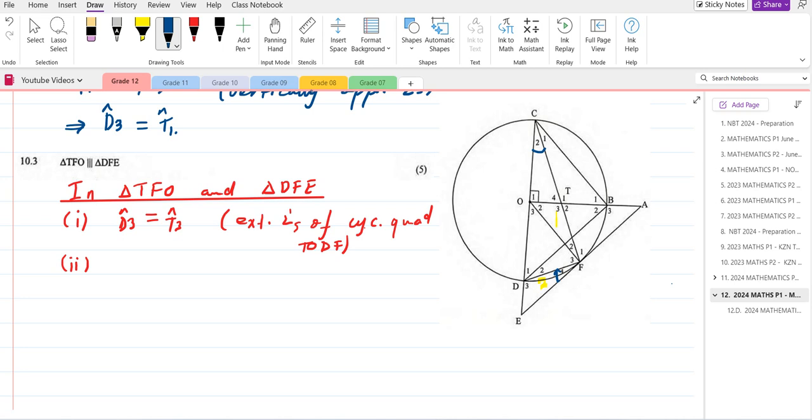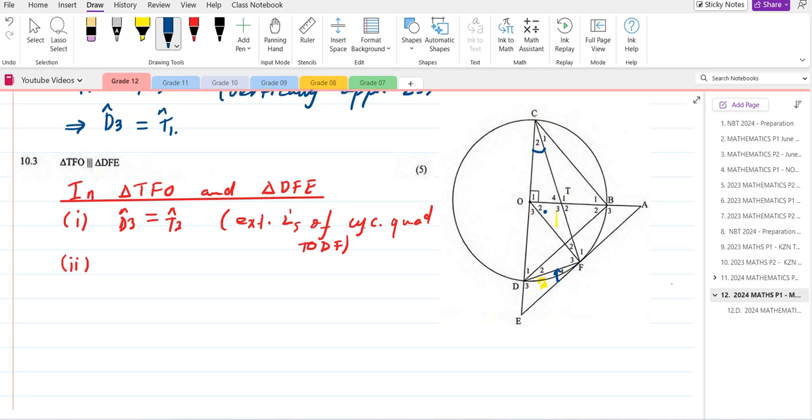how can you get angle C2? Angle at the center equals twice angle at the circumference. Will that help me? No. I want to get to this angle. How are you going to find angle O2? We have a cyclic quadrilateral.